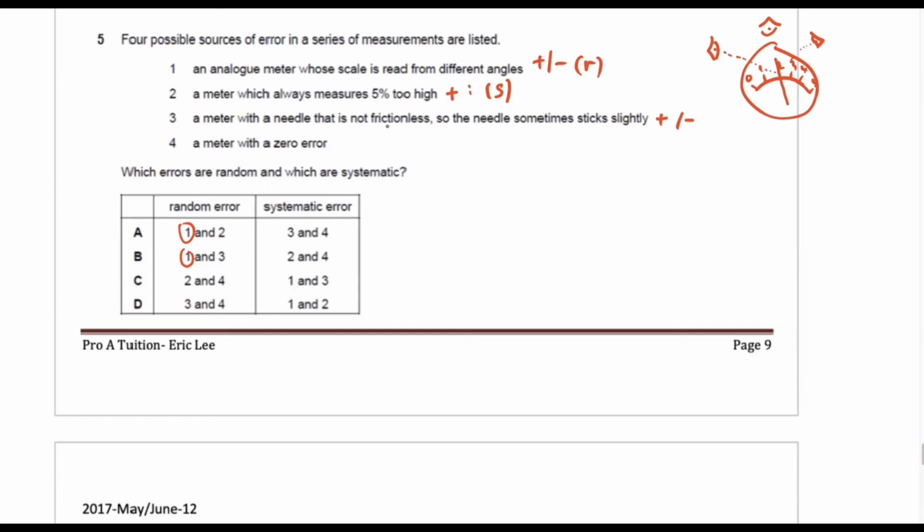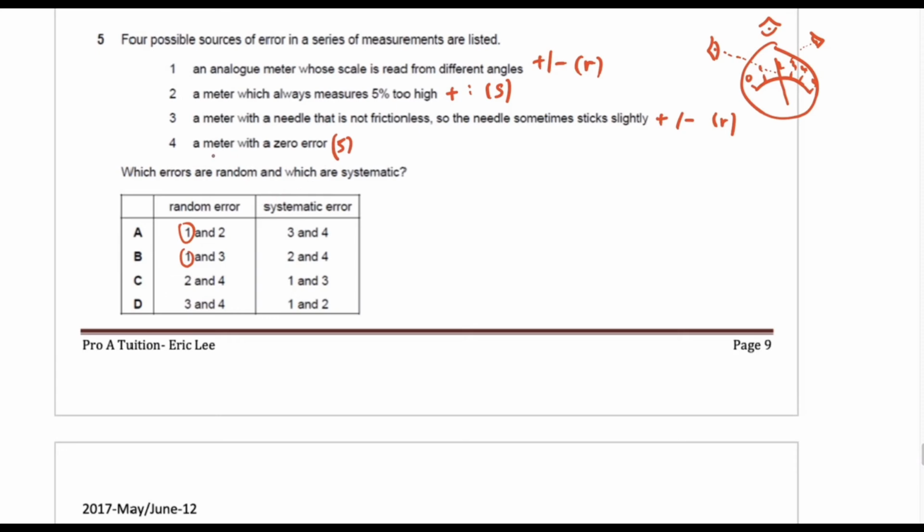Because of friction, it can be positive or negative, and because of that, it is random error. Number 4, a meter with a zero error. You know, zero error is systematic error, which is like always too big, always a little bit more than zero, for example. So systematic error.